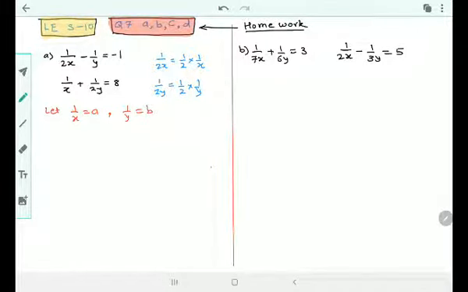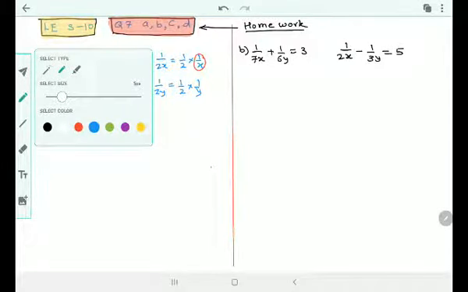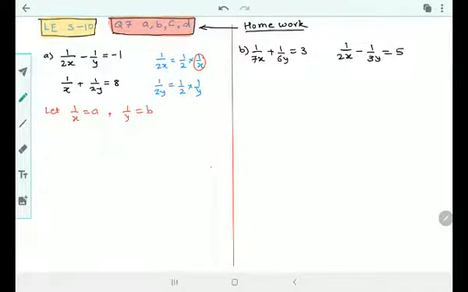So what do I get? 1 upon x I considered as A, right? So what will be equation number 1 then? Equation number 1 is going to be 1 upon 2 into A, oh sorry, not x, it's 1 upon 2 into A minus 1 upon y is B, equal to minus 1.